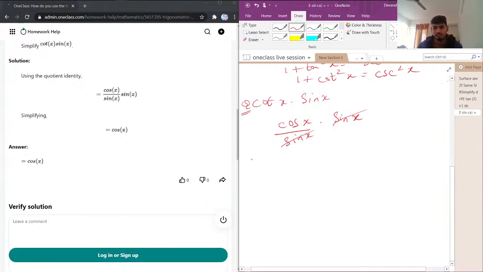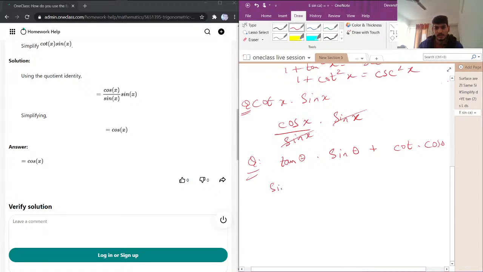We can take one more question. Let's say tangent of theta times sine of theta plus cotangent of theta times cos of theta.